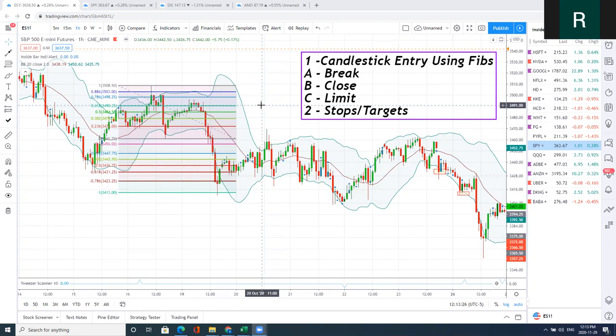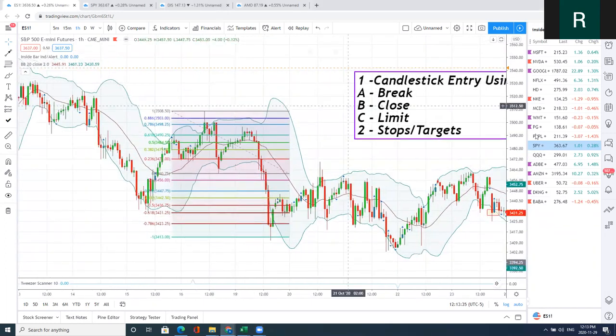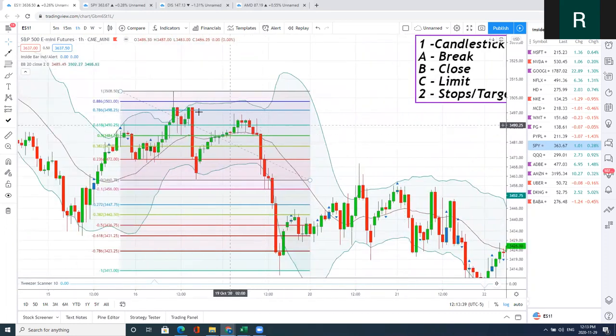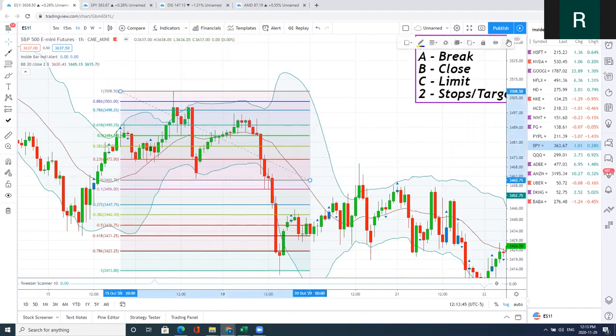Okay. So what I'm going to do is walk you through a whole bunch of examples across different instruments. So let's look at the ES with this setup first. So we know that we have an impulsive leg down and we have a retracement here, and I'm going to draw it for you guys.